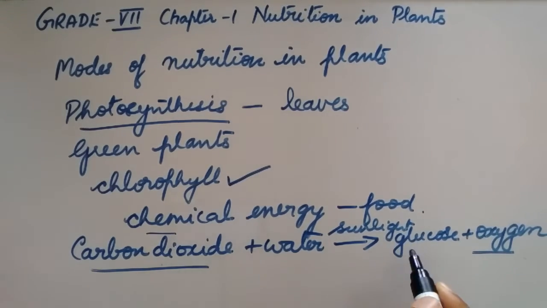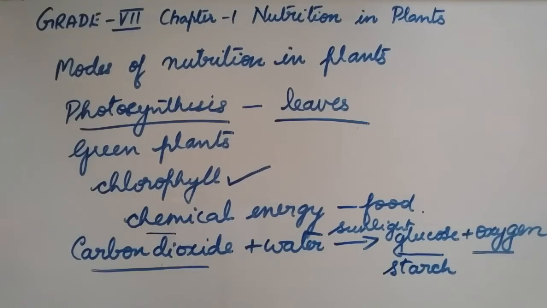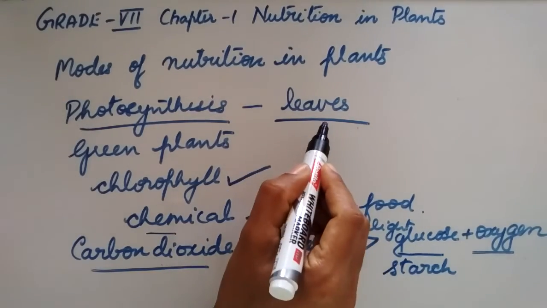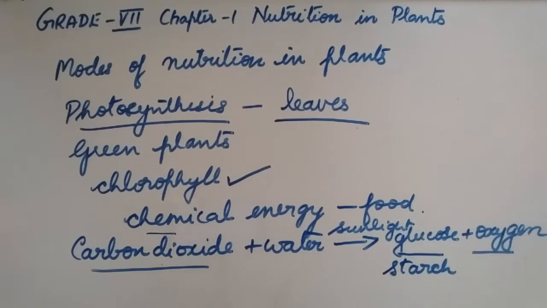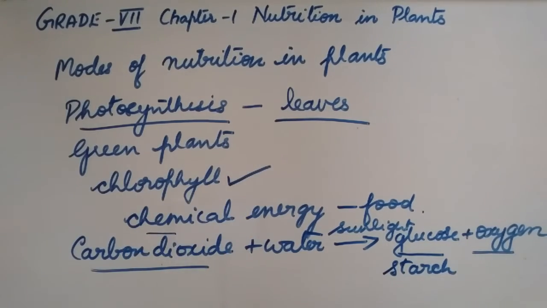The glucose is stored in the form of starch in leaves. Not only in leaves, it is also stored in other parts of the plant. The presence of starch verifies that photosynthesis has taken place.